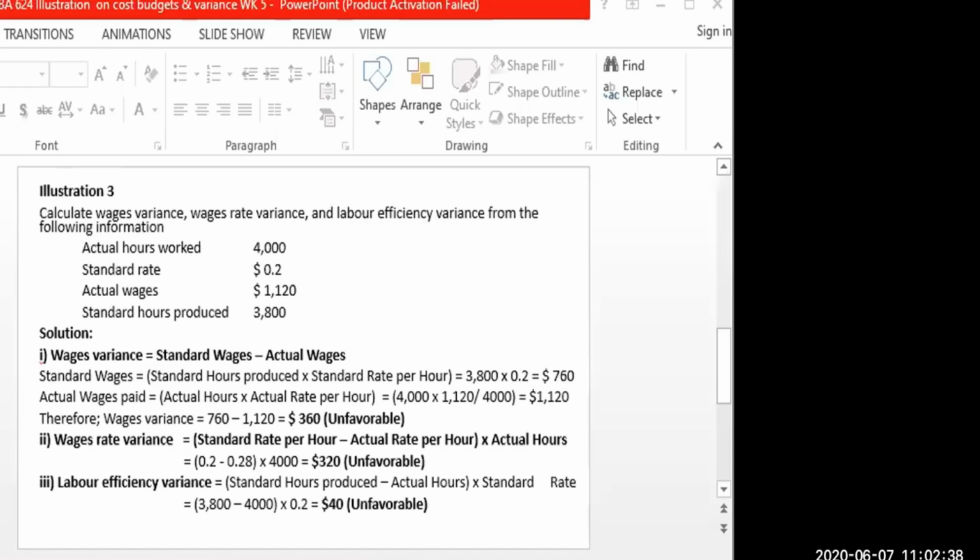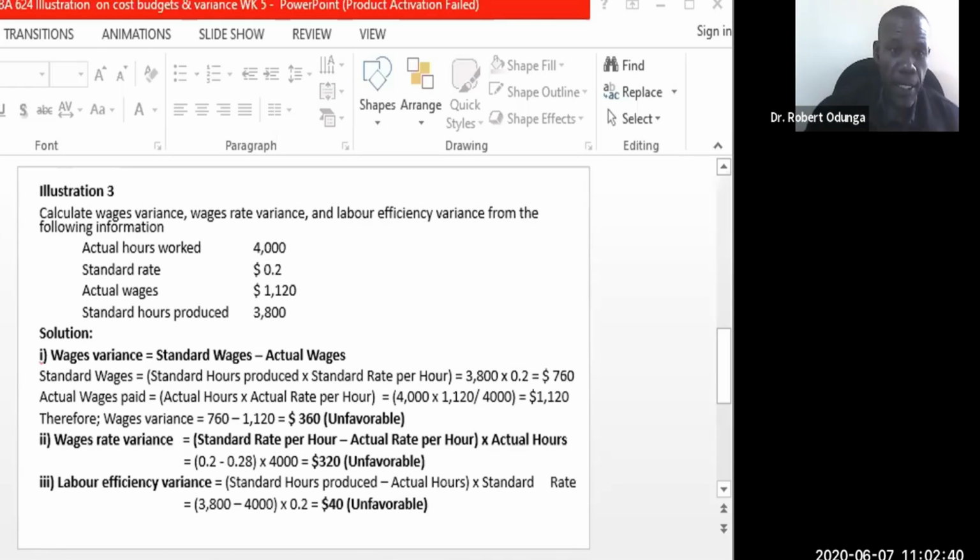Okay. So we've been given the actual hours worked, which is 4,000, the standard rate, the actual wages, and then the standard hours produced. So these are the figures that we've been given, and we have to use these.